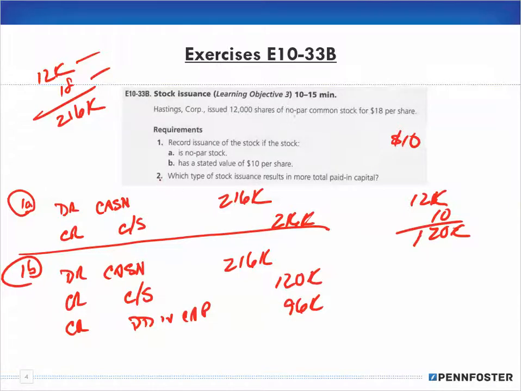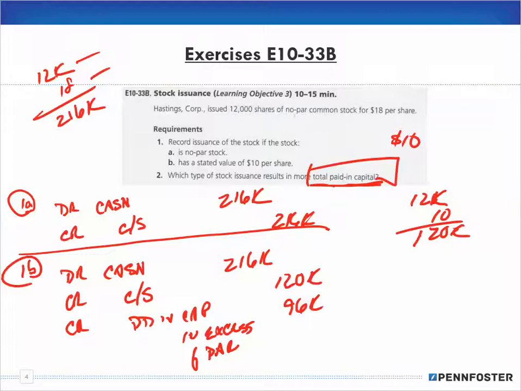So number 2 says, which type of stock issuance results in more total paid-in capital? Now, remember, I wrote here paid-in capital in excess of par. Okay. But the question is asking total paid-in capital. So we're looking really at our equity section of the balance sheet. Remember, equity, if you watched the last video doing exercise 32B, and we created the equity section, we start out with equity and then we had paid-in capital.